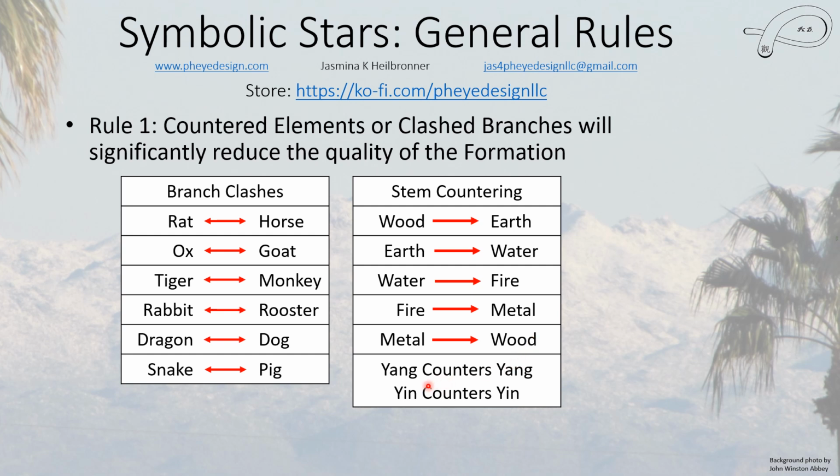Now, here, yang counters yang, yin counters yin. They don't cross. So yang wood will only counter yang earth. Yang wood will not counter yin earth, and vice versa. So yin wood does not counter yang earth, but it does counter yin earth. Hope that's really, really clear.